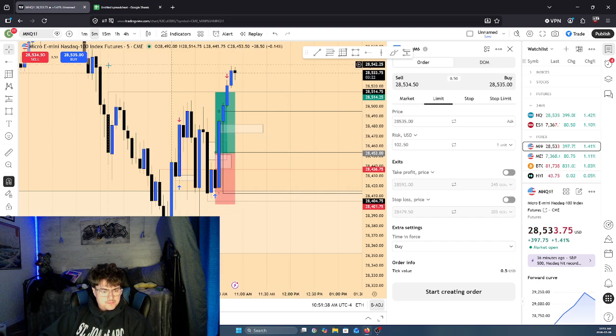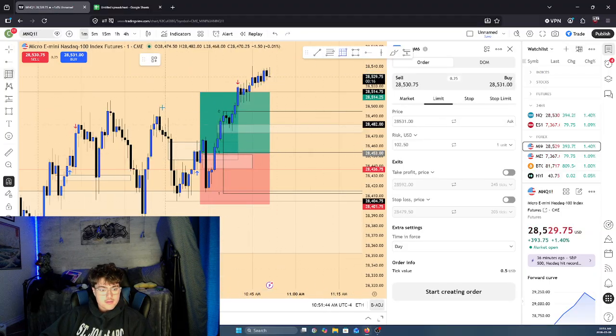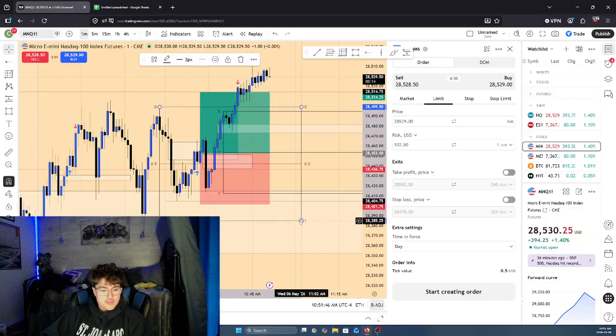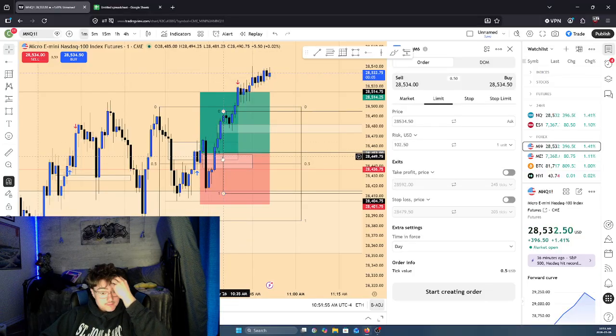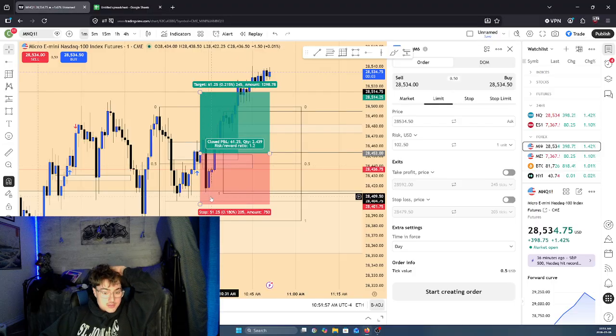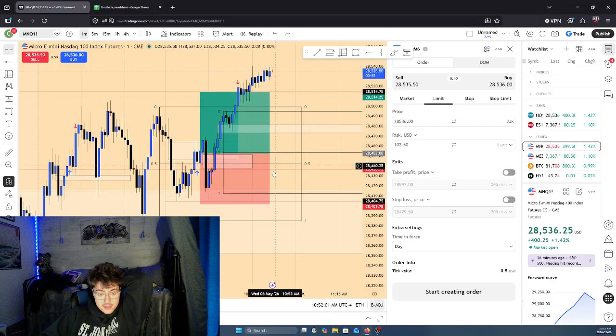On the 1-minute, we come down and we fill equilibrium here. 5-minute equilibrium, 1-minute fill. Come on down, fill equilibrium, we break 1-minute structure to the upside. I entered. This is exactly where I entered on this trade. This is my exact stop loss. This is my exact take profit. And we went up, hit take profit, and then I went break even.